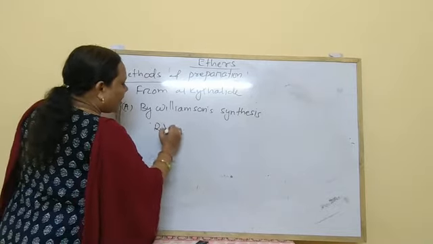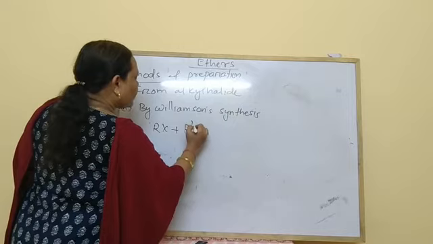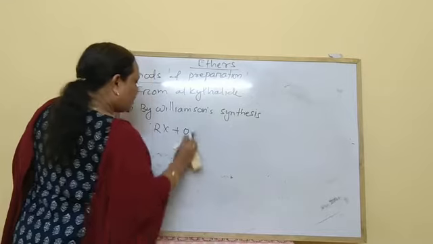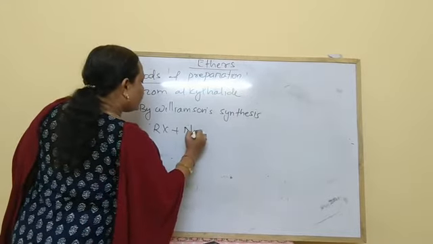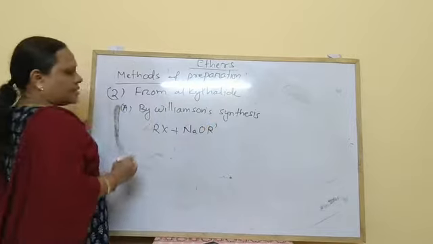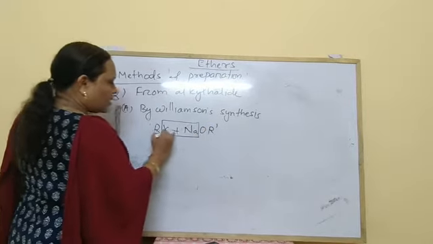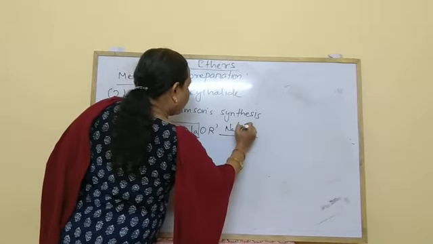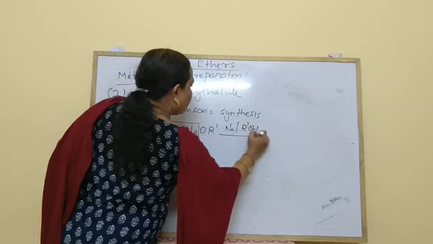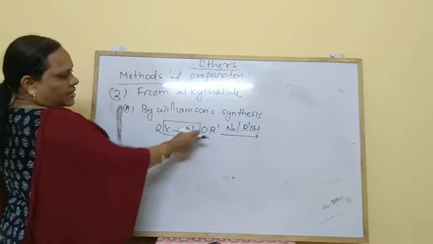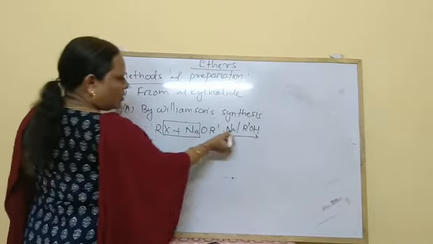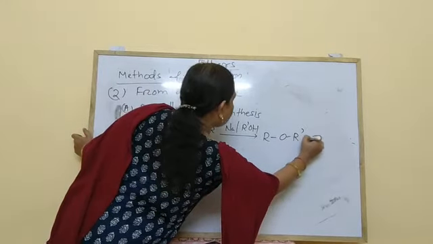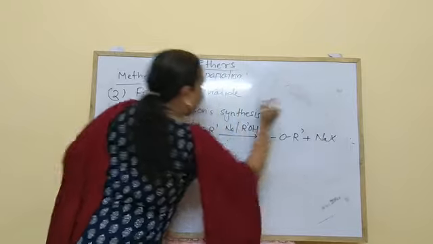Look here, RX plus R dash ONa. Removal of sodium halide takes place, and this sodium alkoxide can be prepared by reacting alcohol with sodium, giving ROR dash plus NaX.